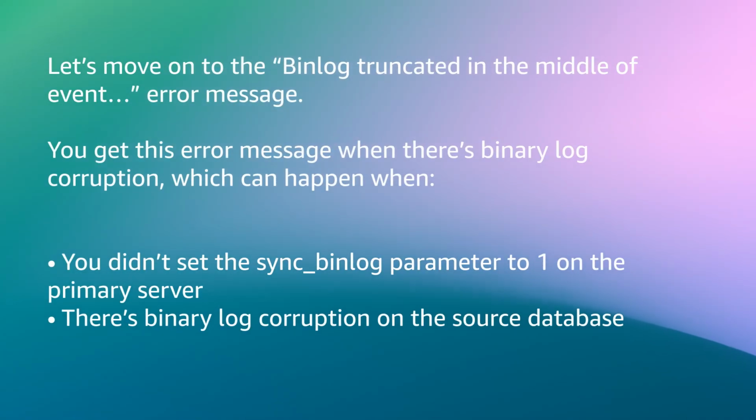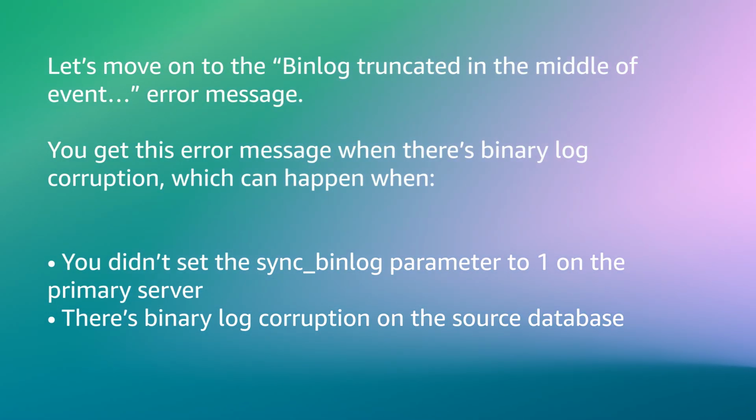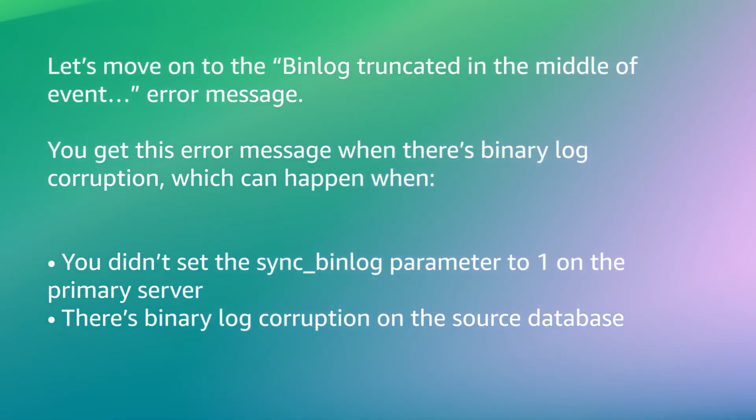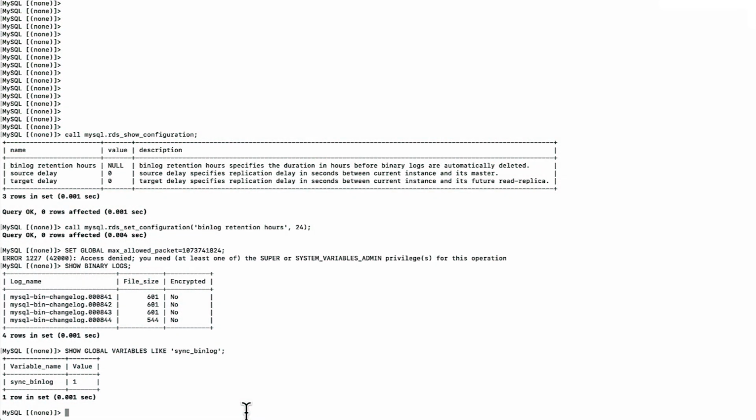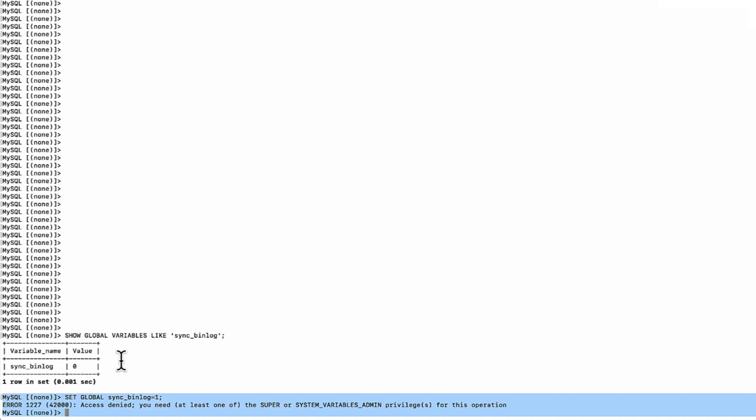Let's move on to the "binlog truncated in the middle of event" error message. You get this error message when there is binary log corruption, which can happen when you did not set the sync_binlog parameter to 1 on the primary server, or there is binary log corruption on the source database. To resolve these issues, first check the value of the sync_binlog parameter with this command.